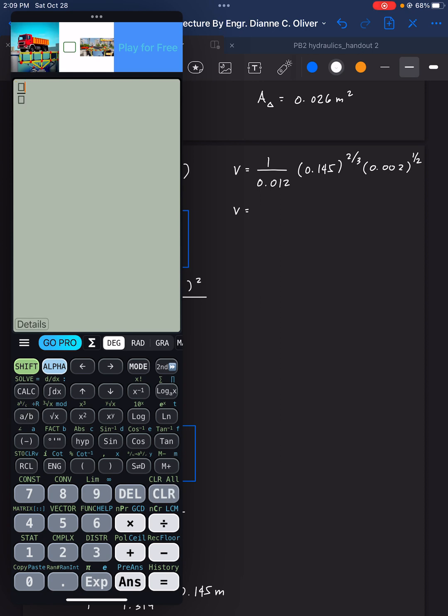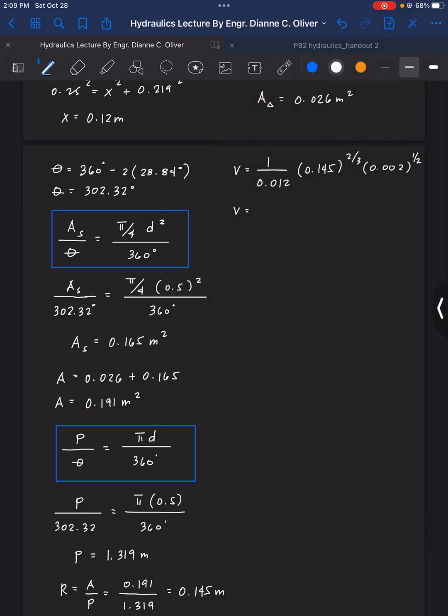So the velocity of flow is 1 over 0.012 times 0.145 raised to 2/3 times 0.002 raised to 1/2. So the velocity of flow is 1.03 meter per second.